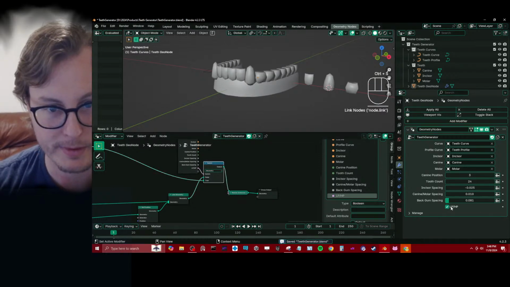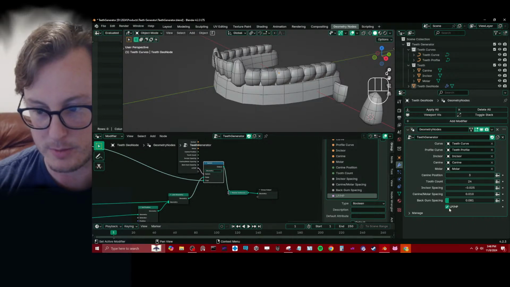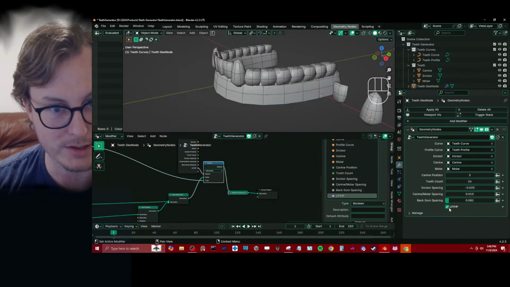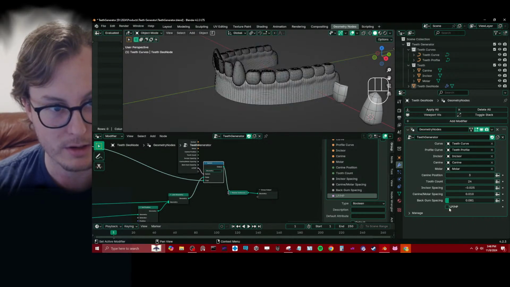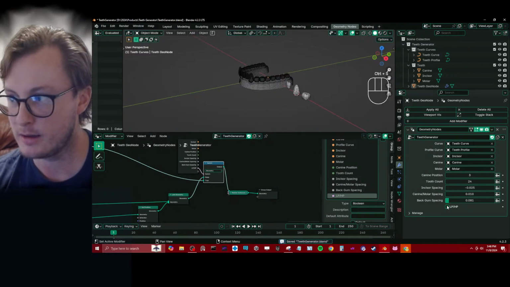Boom. Cool. That's why this is so useful, because now I just have them ready to go. Need to bake things? Boom. Easy as that.